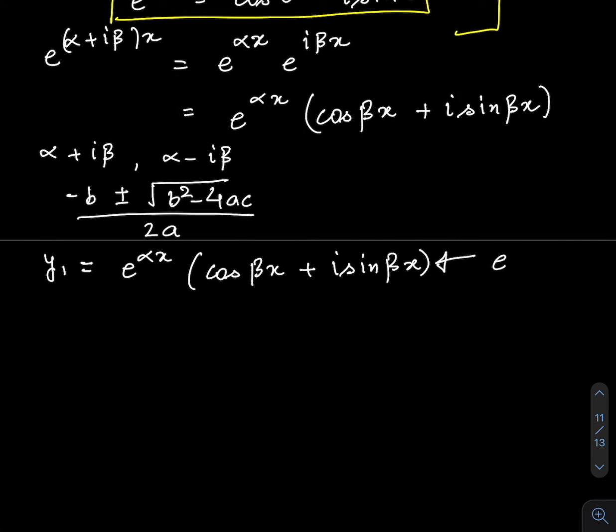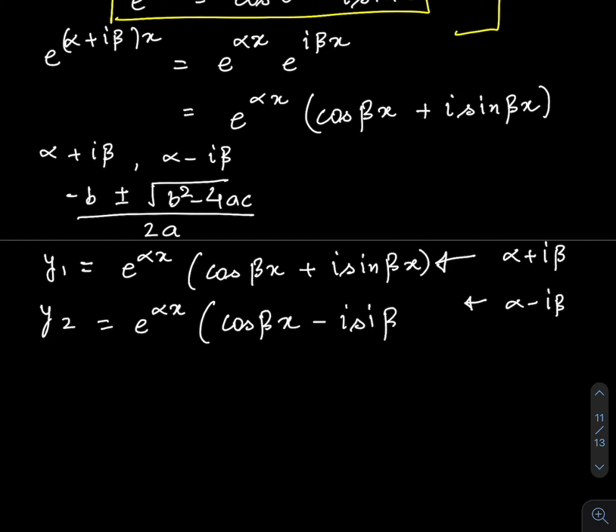This expression corresponds to alpha plus i beta, and corresponding to alpha minus i beta we get y2, e^(alpha x) times cosine beta x minus i times sine beta x. This you can easily verify. So we have these two linearly independent solutions, y1 and y2.